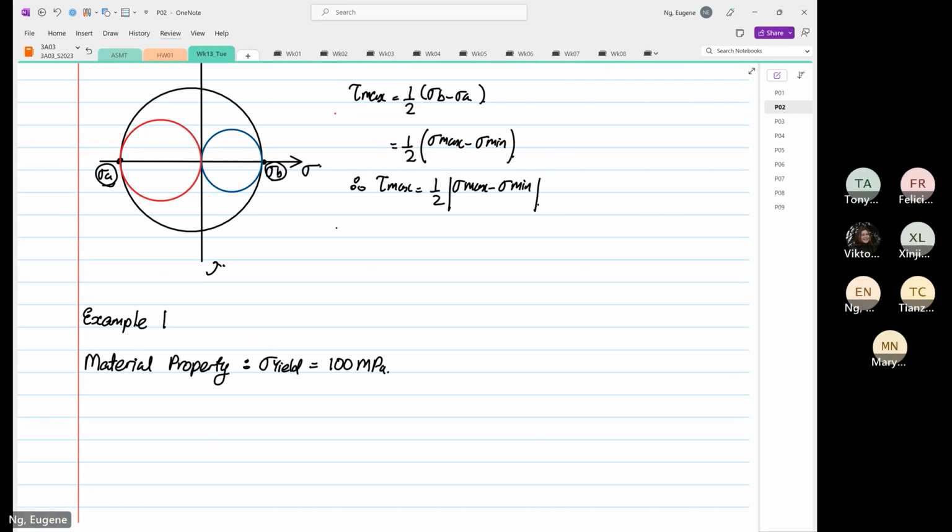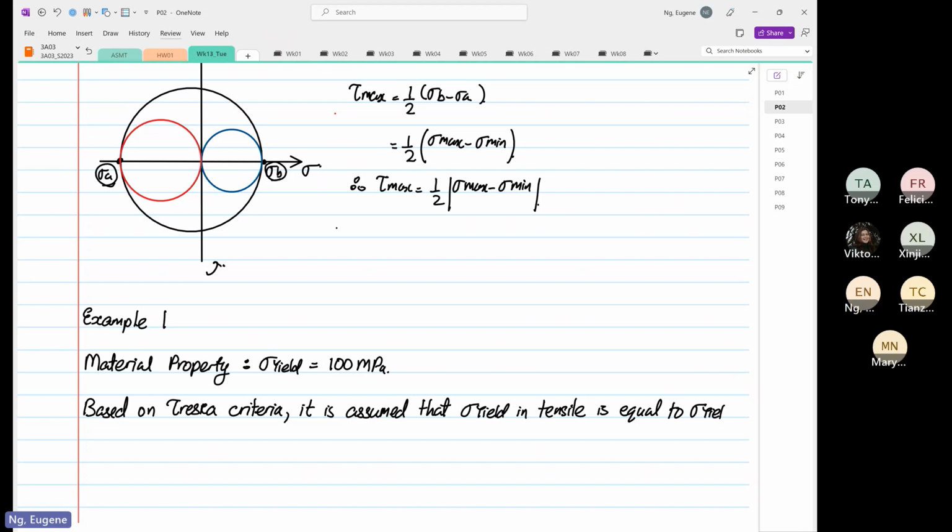Based on Tresca criteria, and this is important, which I did not mention earlier, it is assumed that the stress yield in tensile is equal to stress yield in compression.